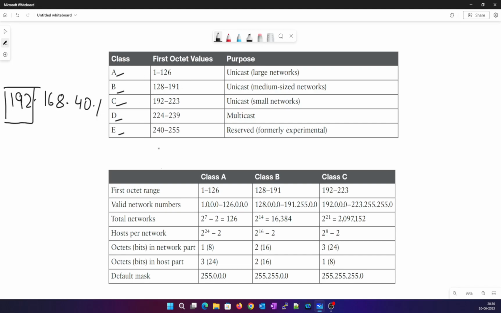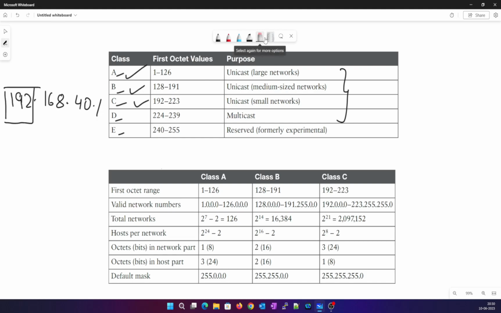Based on these numbers, we classify IP addresses into 5 classes, and mostly we use the first three classes, that is class A, class B, and class C.